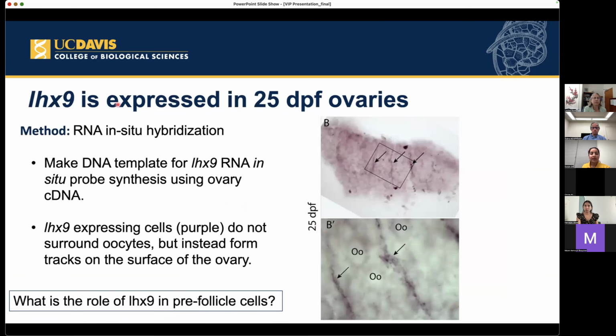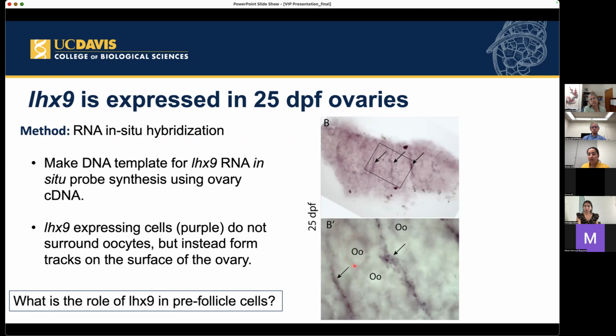So we tested LHX9 expression in 25 days post-fertilization ovary with RNA in situ hybridization. In order to do that, we made a DNA template for LHX9 RNA in situ probe synthesis using ovary cDNA. This image is just a magnification of the image above. Over here, we see that the purple color is the LHX9 gene expression, and these are the oocytes.